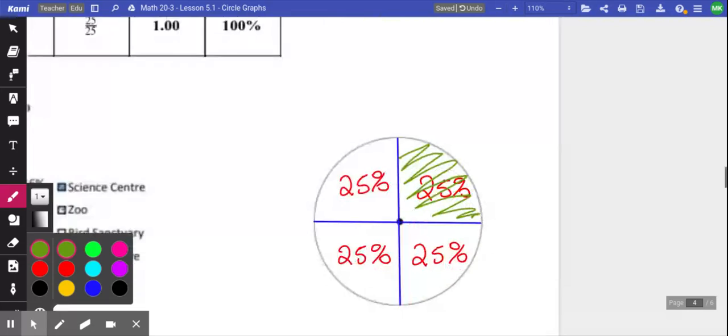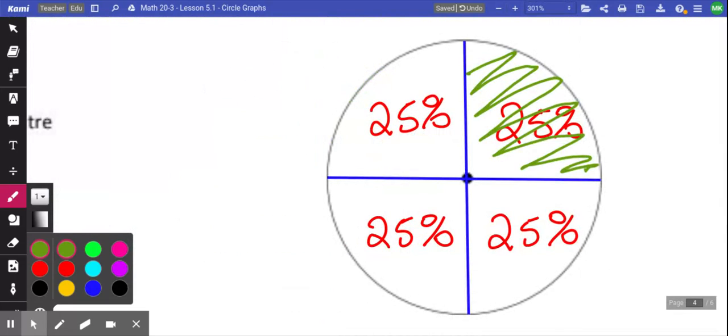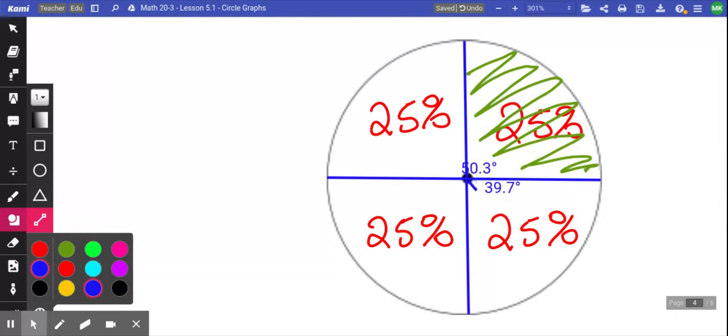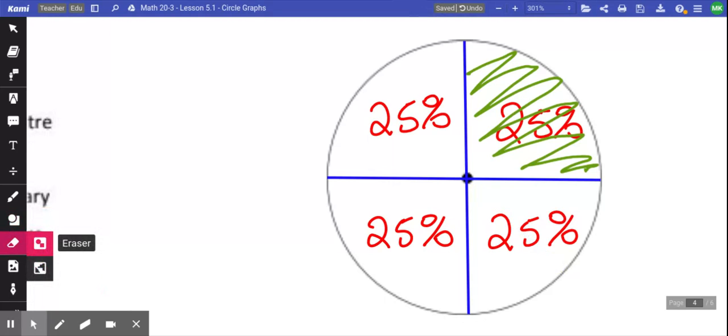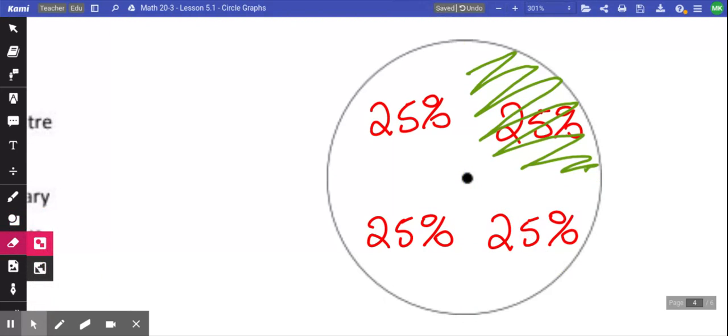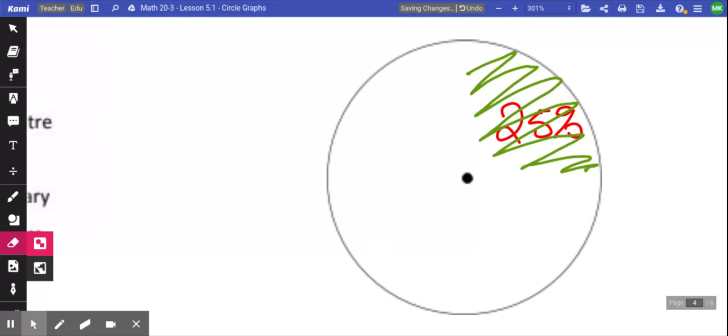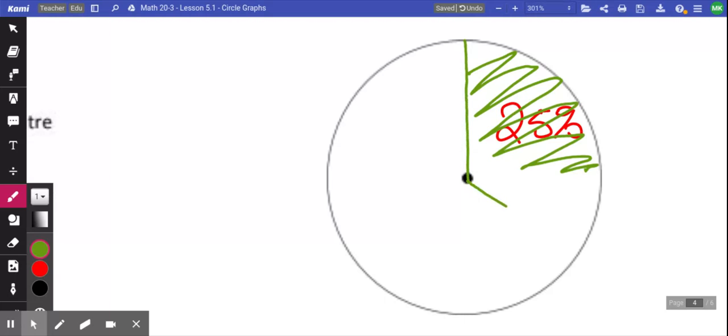Because if you were to split this quarter in half and draw another line through here, that would turn that 25% into 12.5%. So I'm going to estimate that if I wanted to get 36%, I would have to go from here to about here. I'm going to estimate that's about 36%.